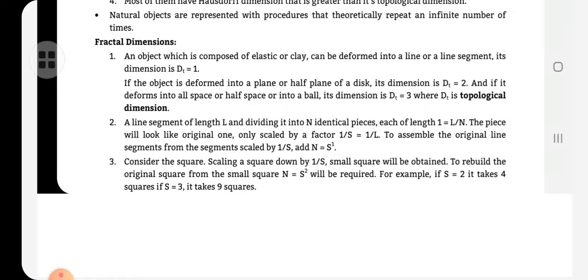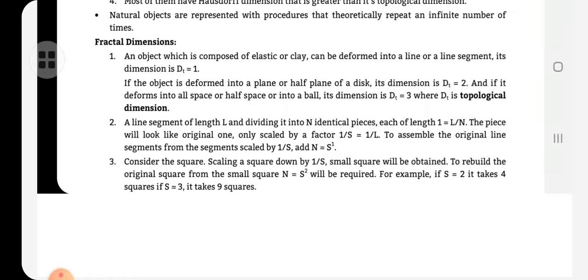Take a line segment of length L and divide it into n identical pieces, each of length l equal to L divided by n. The piece will look like the original one, only scaled by a factor 1 by s. To assemble the original line segment from the segments scaled by 1 by s, n is equal to s.